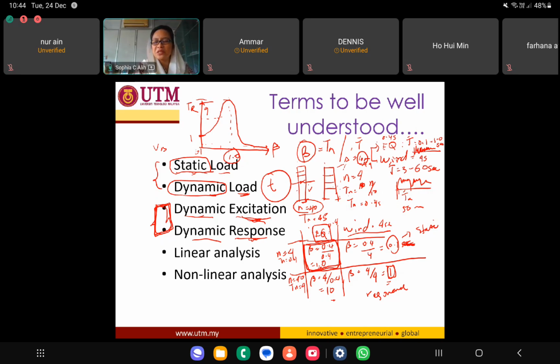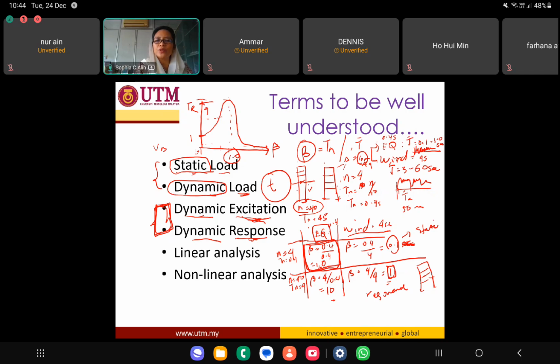Understand, right? So similarly, if you are designing for wind load, if you are designing a high-rise structure, you can use a static method or static design that is given to you by the code, but the code is not going to give you complete guarantee that your design is going to be safe. Each code has a limitation in terms of the height of the building for which you can use the parameters and the procedures given in the code.